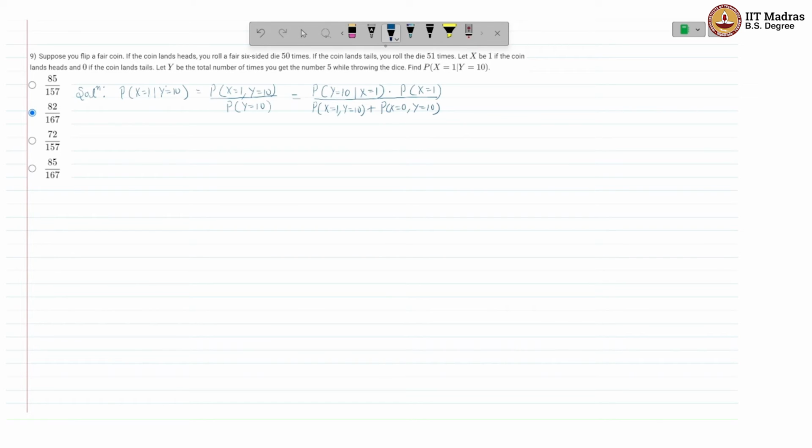So now we'll again write the joint as the product of conditional and marginal for the denominator as well. So it will be equal to probability X is equal to 1 into conditional probability that Y is equal to 10 given X is equal to 1 plus probability X is equal to 0 into conditional probability that Y is equal to 10 given X is equal to 0.